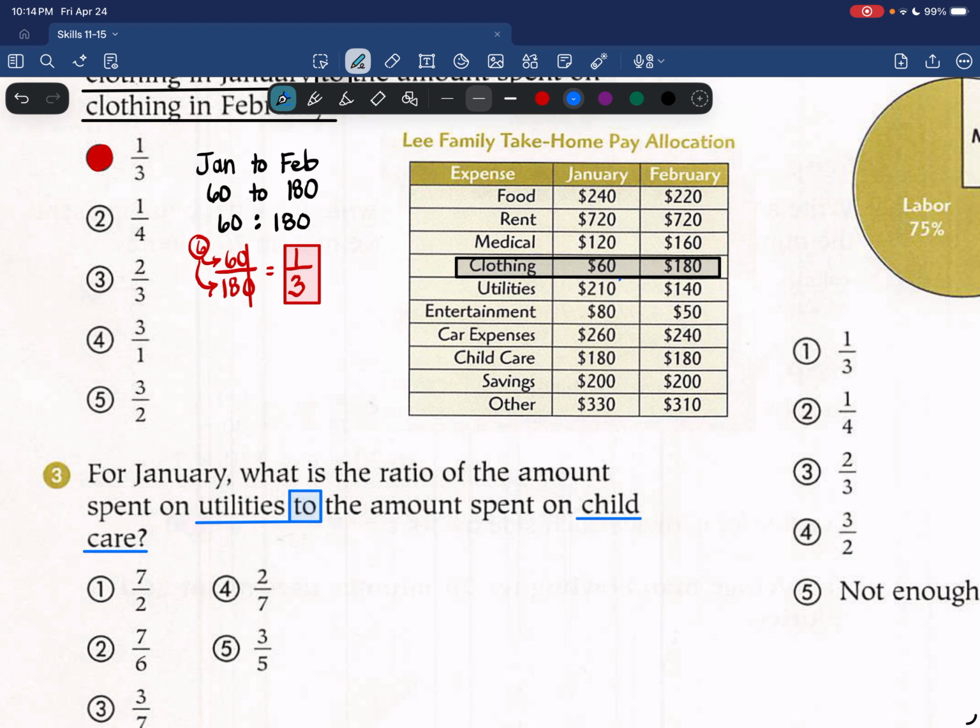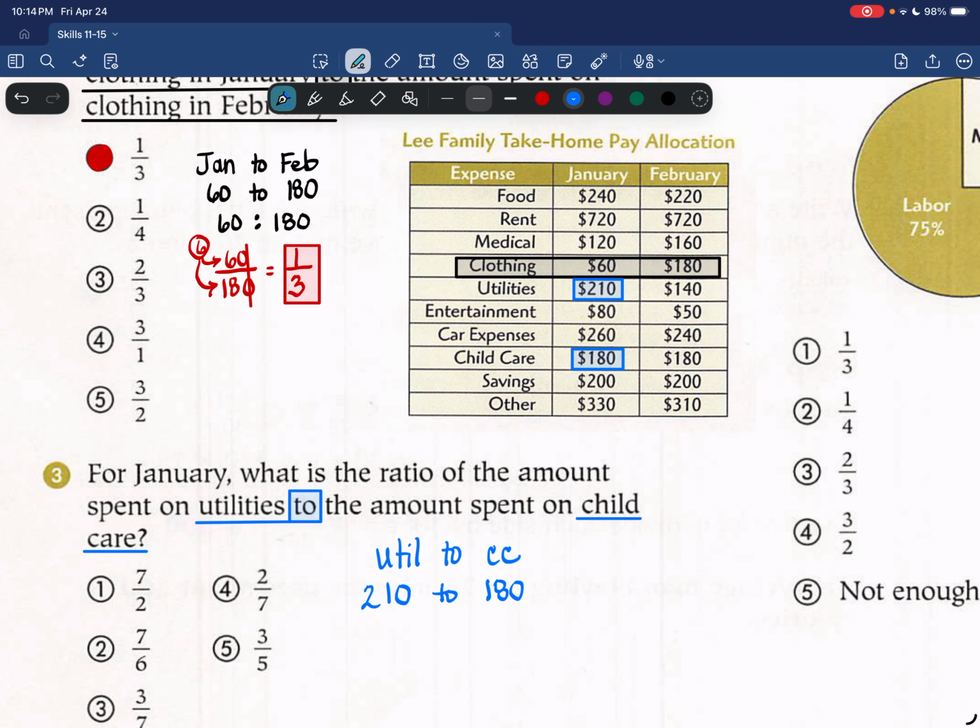And here is the number for utilities. Here is the number for child care. And we need to make sure that we have our ratio in the right order. Utility to child care. So the utility number comes first. It's 210. To child care is 180.